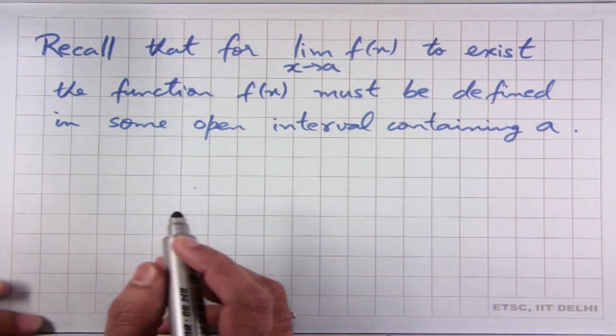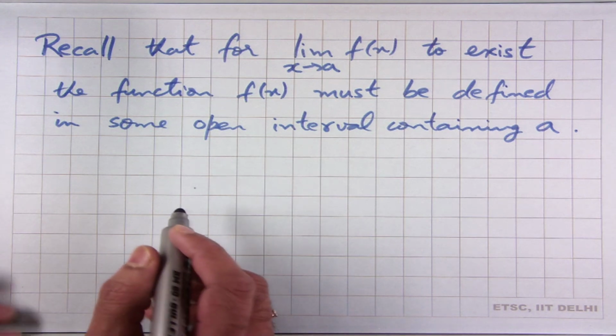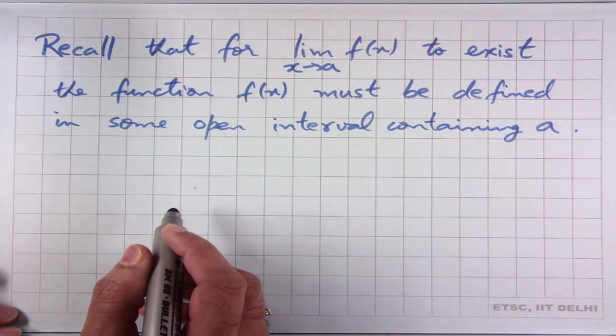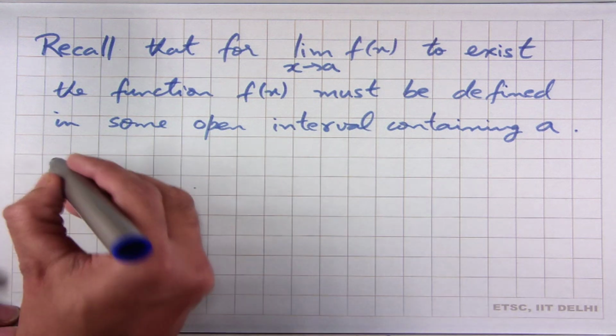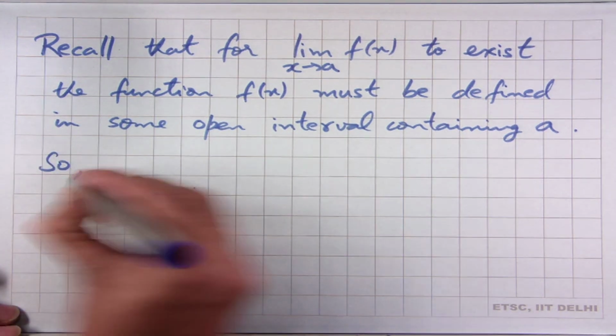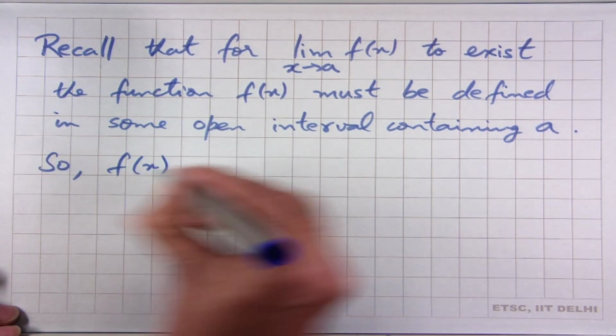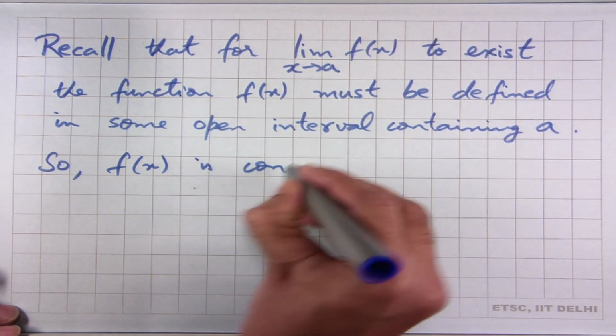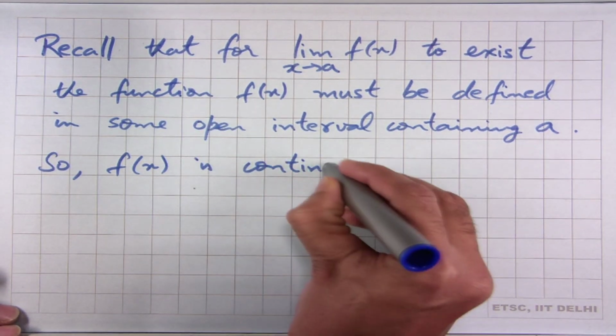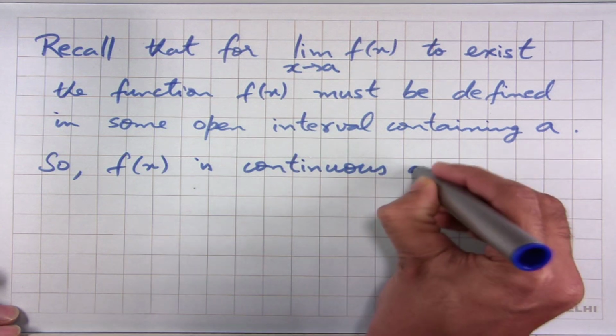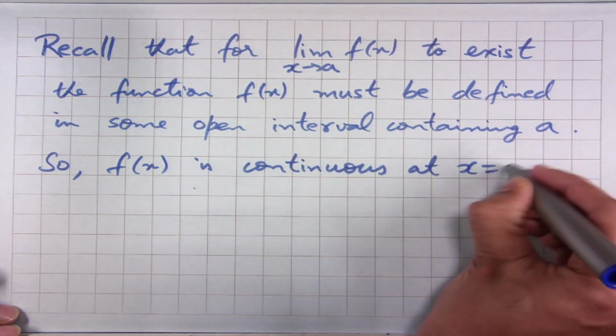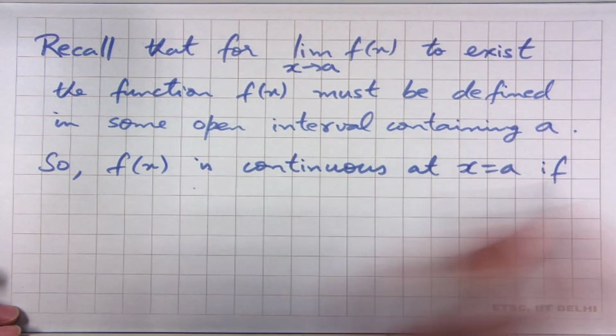So, we say that f is continuous at x equal to a if there are two conditions.